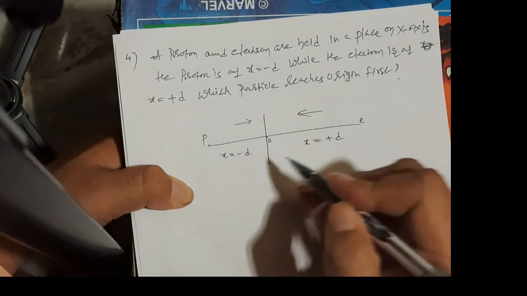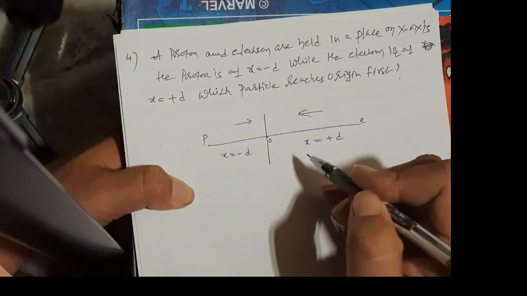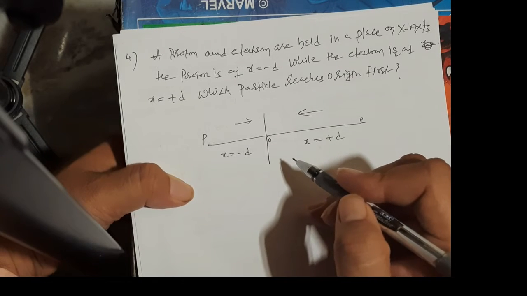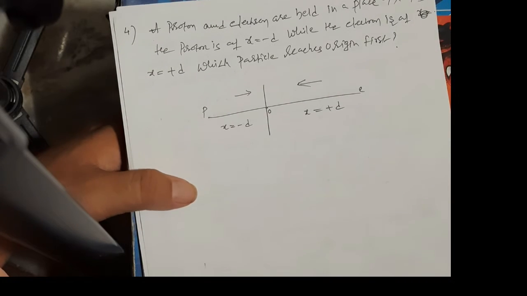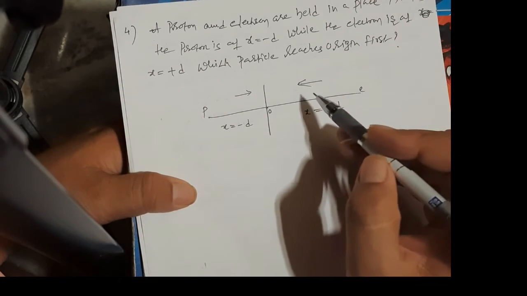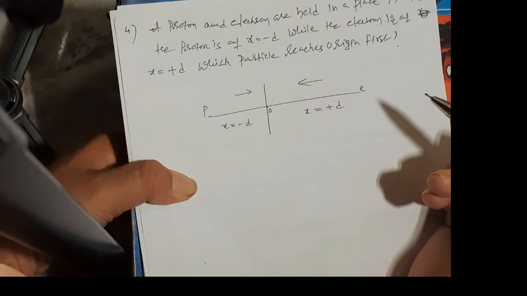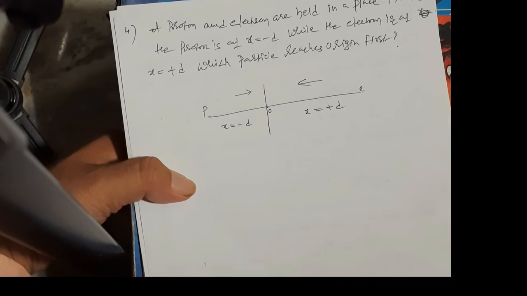So both are moving towards each other and reach the origin. The question here is, which particle reaches the origin first? That is the question we are going to discuss.